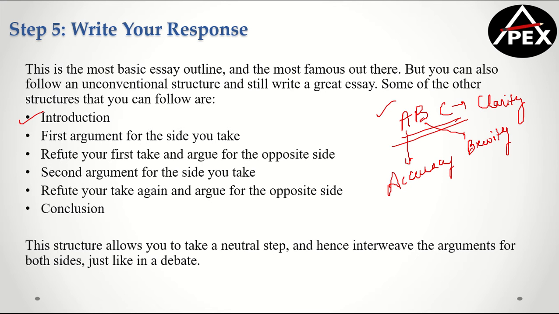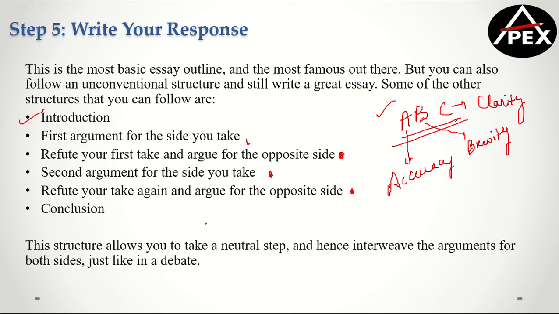You can start off with the introduction and then you can go to the first argument for the side you take. Okay. Then refute your first take and argue for the opposite side. Now you might be thinking that this is going to axe your case, right? But then you second the first side that you take again. And then you can go to refuting the take again and arguing for the opposite side.